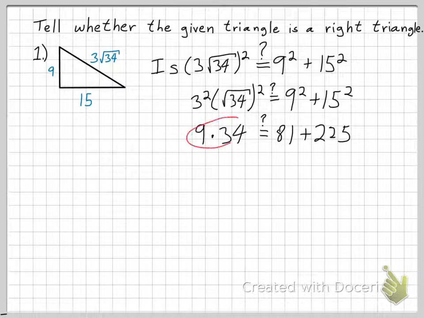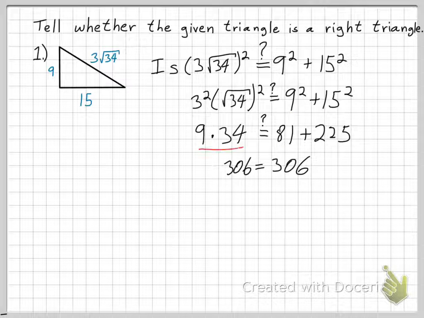So we get 9 times 34. And does that equal 81, which is 9 squared, plus 225, which is 15 squared? And then we find out that 9 times 34 is equal to 306, and 81 plus 225 is equal to 306. So obviously 306 equals 306.